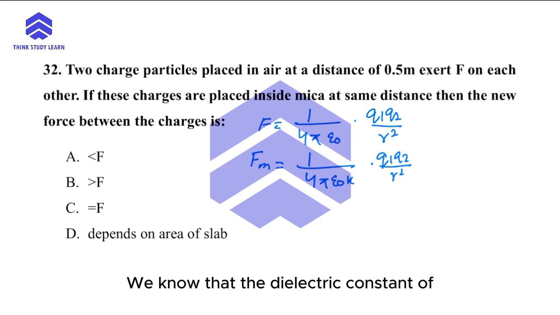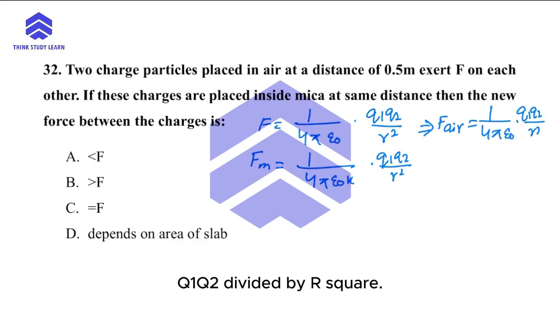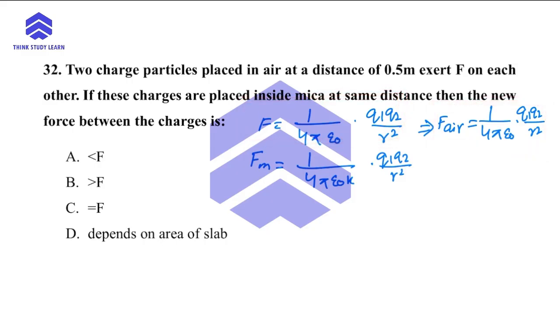We know that the dielectric constant of air is approximately 1. So the force in air will be F air is equal to 1 over 4 pi epsilon naught into Q1 Q2 divided by R square. The force in air is equal to the Coulomb's force, hence we can say that F is equal to F air.